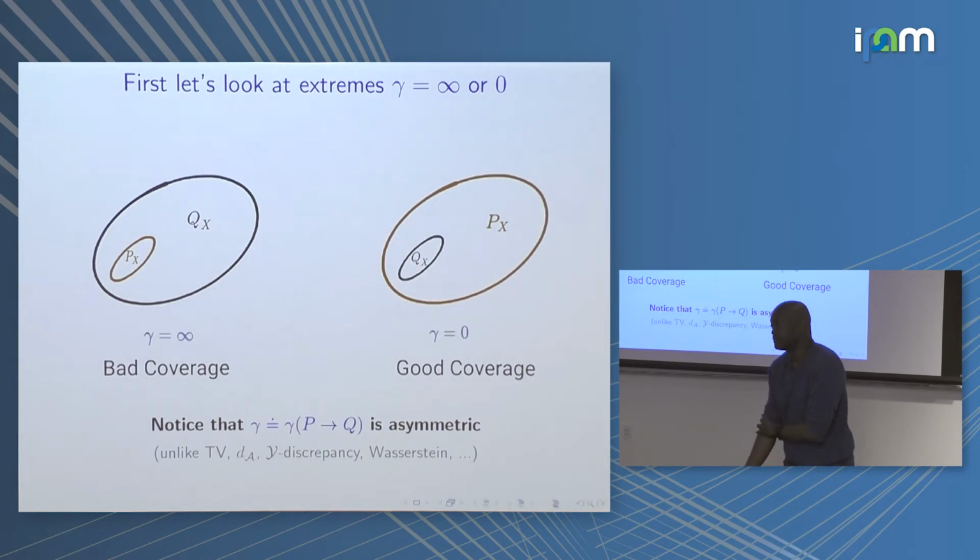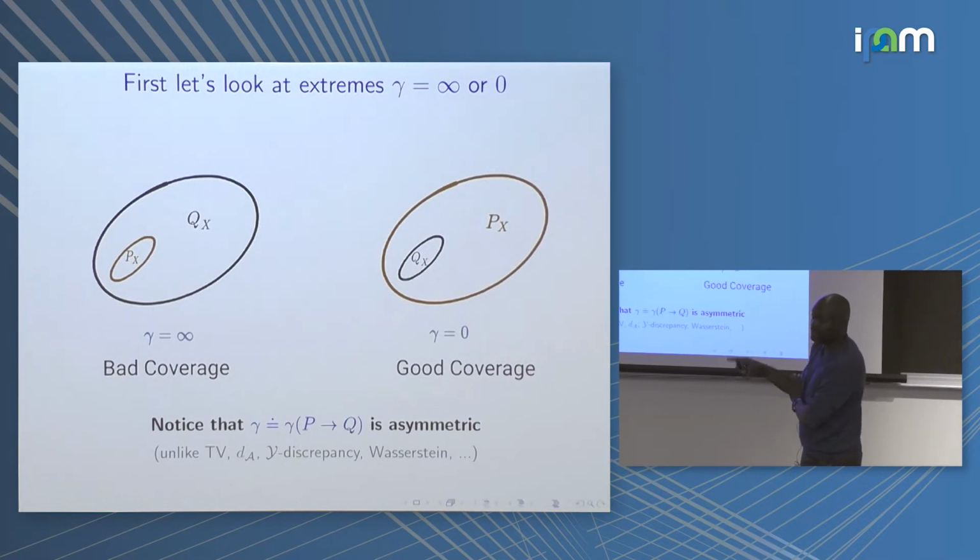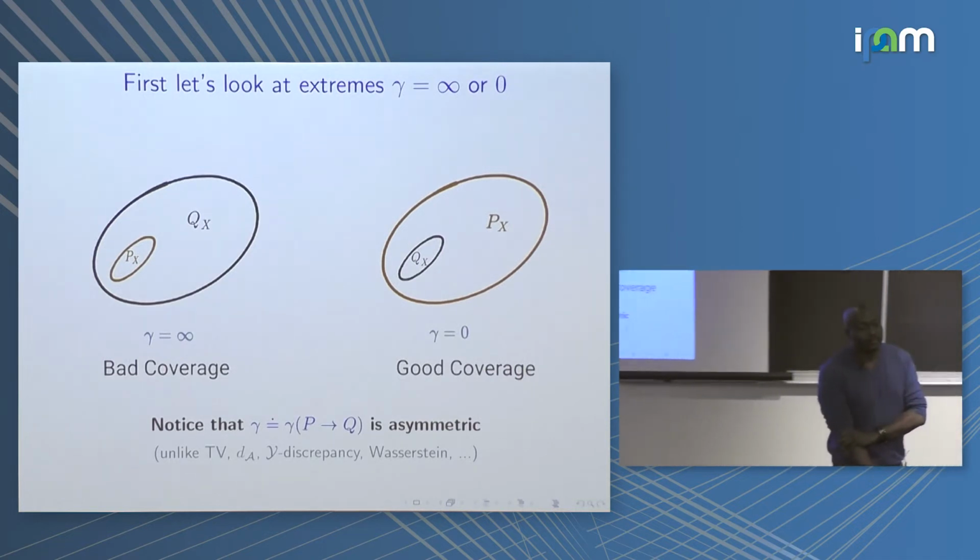Does it mean in particular that unless Q is absolutely continuous with respect to P, gamma will always be infinite? No, that's the key point. I don't need absolute continuity. I'll show you in an example in a second. Isn't it kind of a Minkowski dimension of one versus the other?